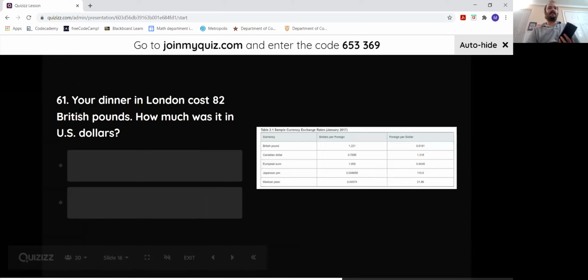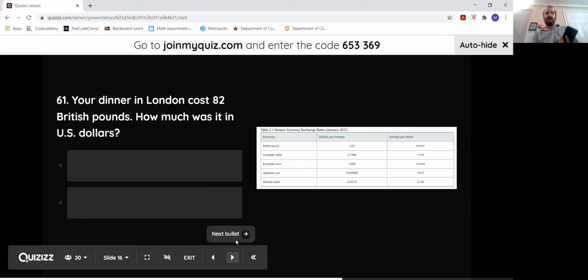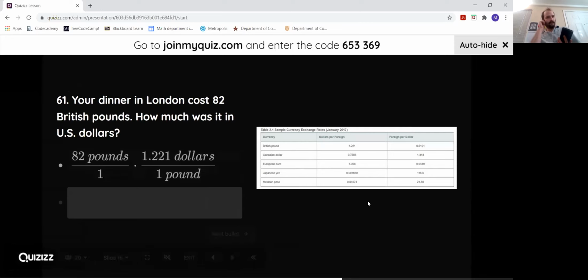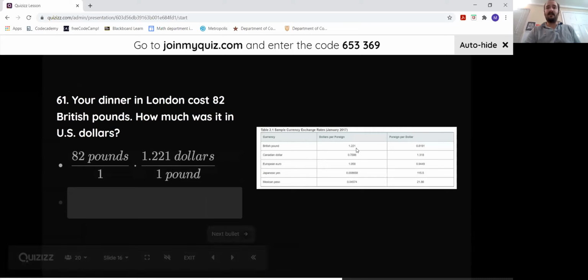So if we look at our unit analysis, we start out with 82 pounds. And this, I talked about it, is dollars per pound. So if we want to set this up, come on, next bullet. We can set it up with this 1 on the left over here, which is the 1.221. If we set it up this way, I want my pounds up here to simplify with my pounds down here.